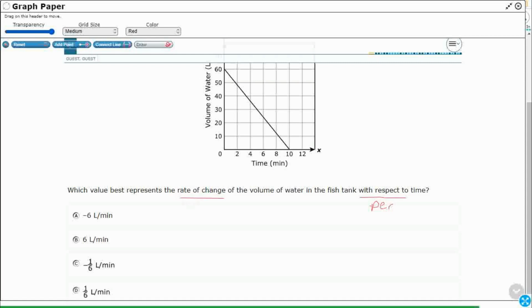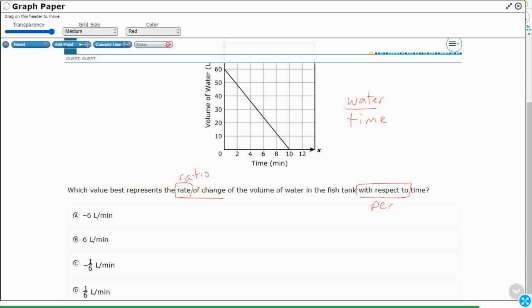And that per with this rate right here lets me know, since that rate can also be written as a ratio, we're dealing with a ratio here. And what am I looking for? I'm looking for the volume of water per time, or with respect to time.